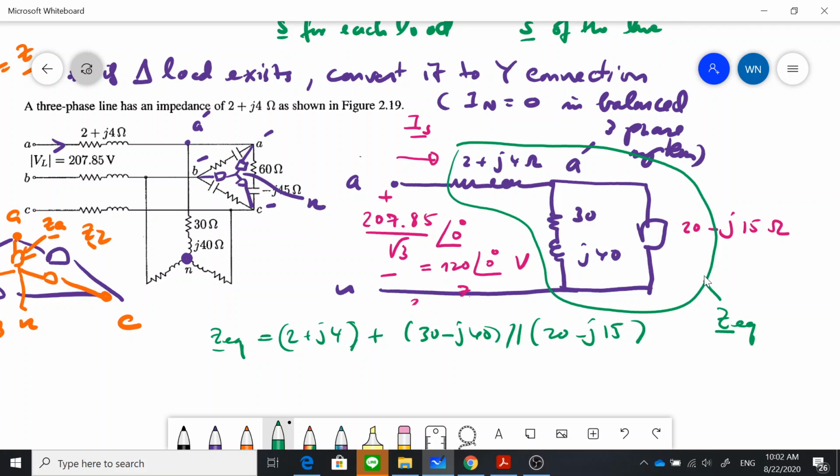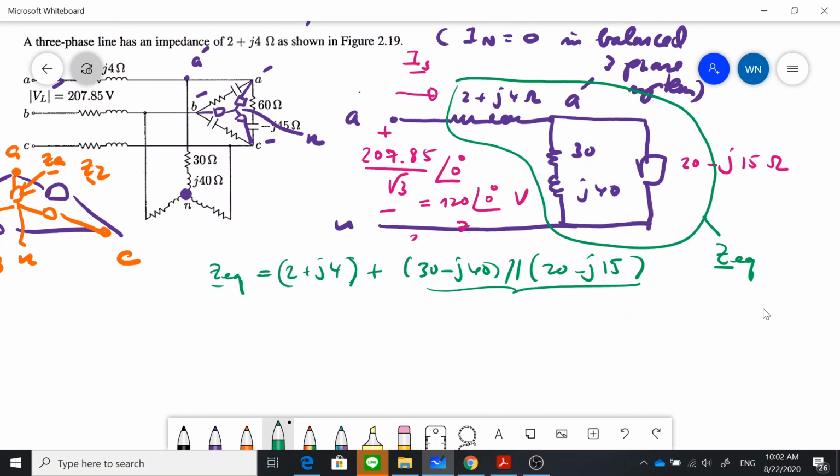All right, that is easy, because here you have two impedances in parallel. The total impedance would be the multiplication of these two divided by the sum. The sum would be 50 minus J55, and this one you should get 22 minus J4.